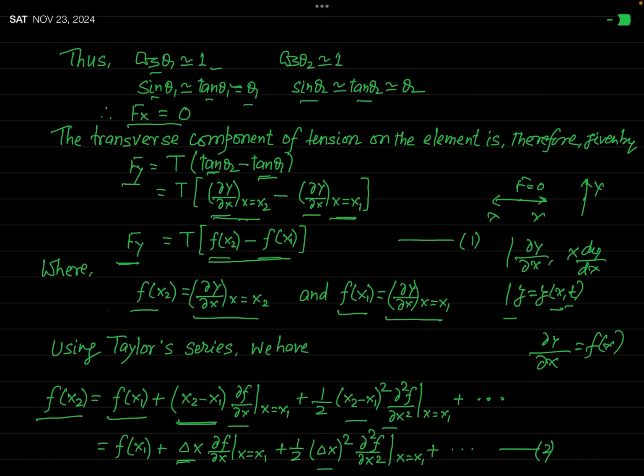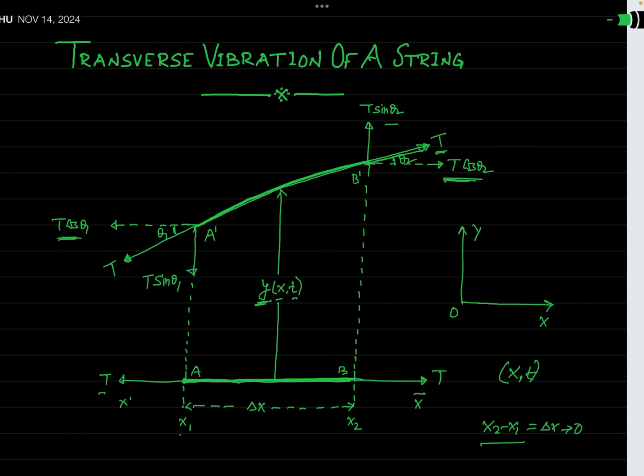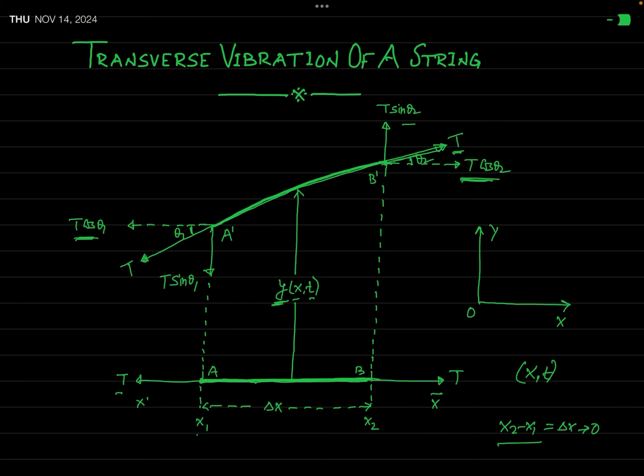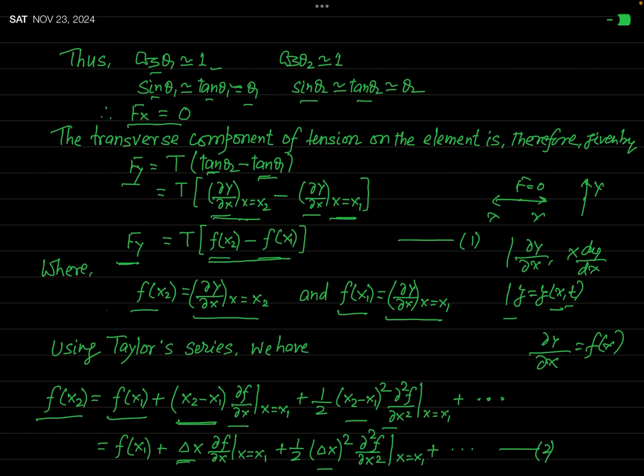Now, if you treat the string to be made up of very small elements, we must think that this element, although shown larger in the figure, is assumed to be very small. When AB, which is the element of the string, is very small, it means this length delta x of this element will tend to 0.